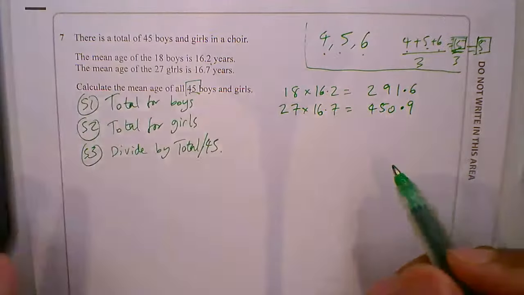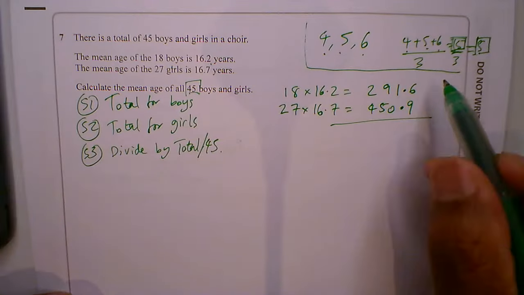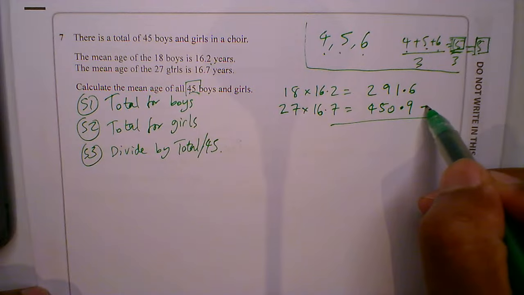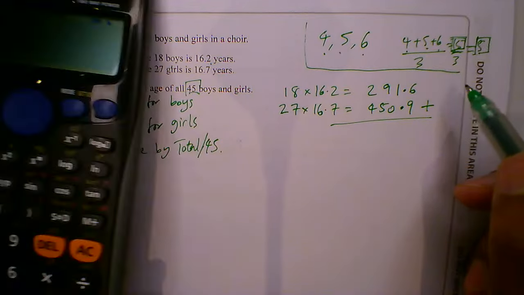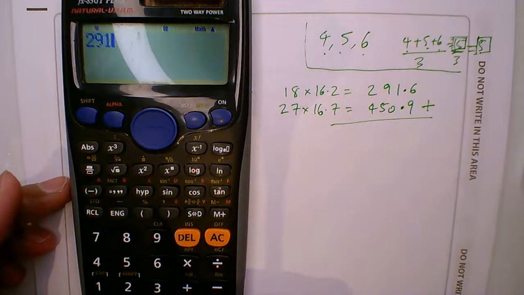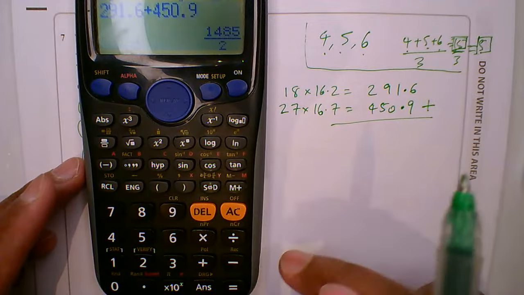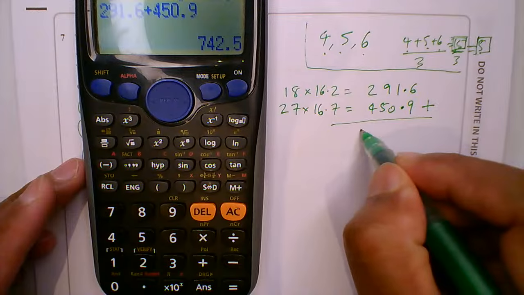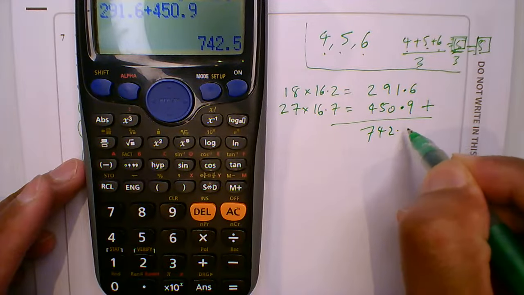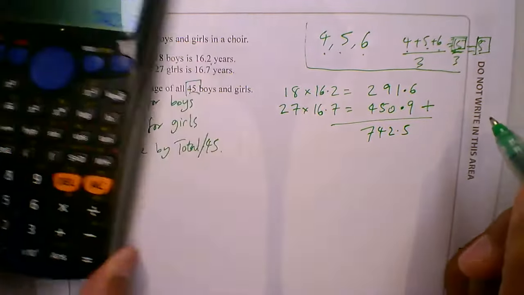So I've got the boys and the girls, and now I just add them together. So I do 291.6 plus 450.9 gives me 742.5. So that's my total.